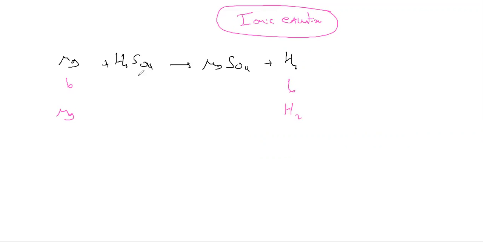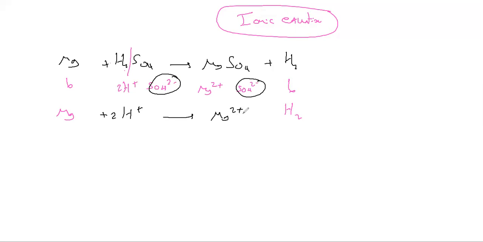But any compound must be separated into positive and negative: 2H positive, where the 2 must be in front, and SO4 2 negative; Mg 2 positive and SO4 2 negative. Then the repeated ion, SO4 negative 2, is cancelled. So Mg plus 2H positive gives Mg 2 positive plus H2.